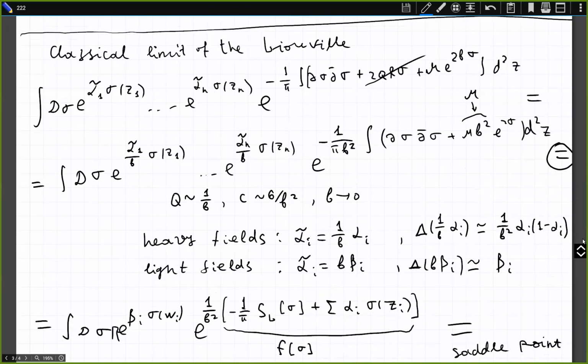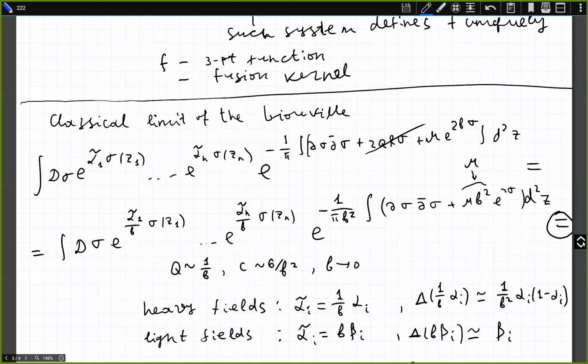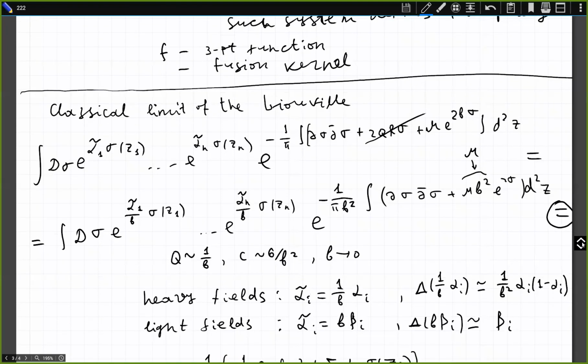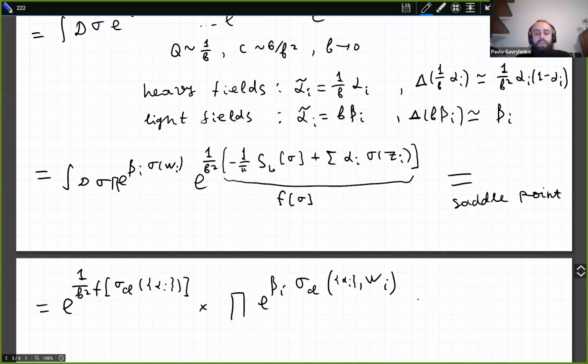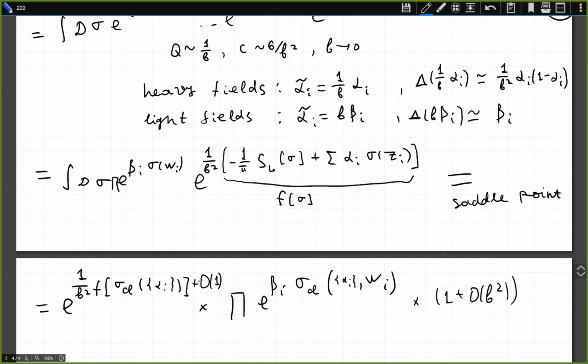And okay, this is the classical piece from the saddle point, but there is no one-loop correction like that. Of course, there are corrections, probably some 1 plus O(b squared), and here we have plus O(1). So they are all there, but this O(1) is a function of, I think, well, probably of everything.